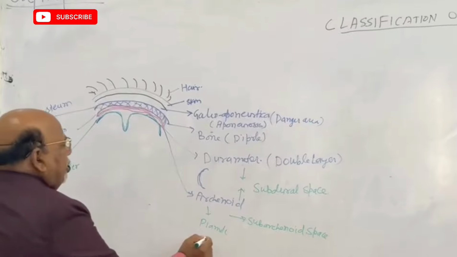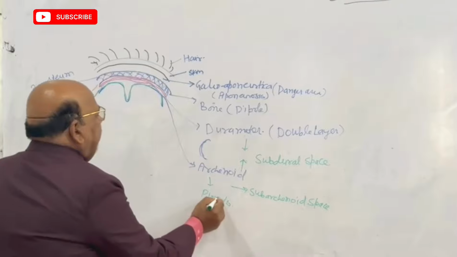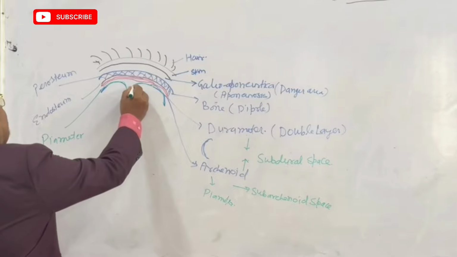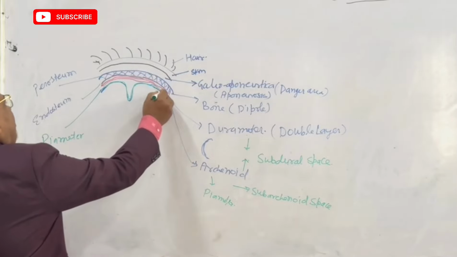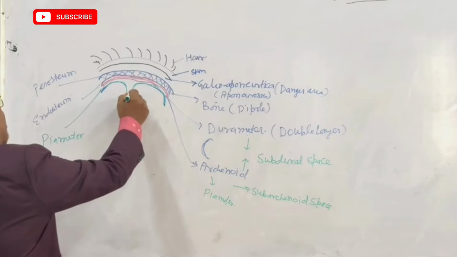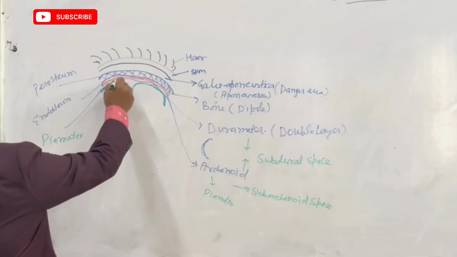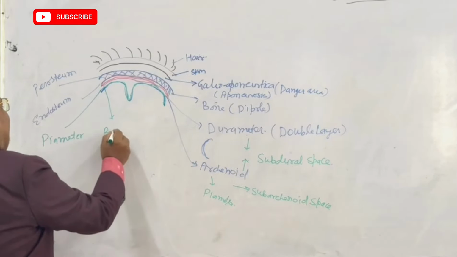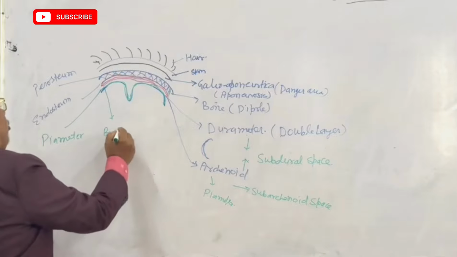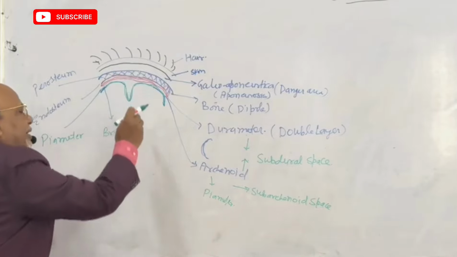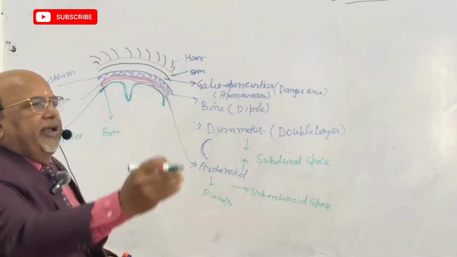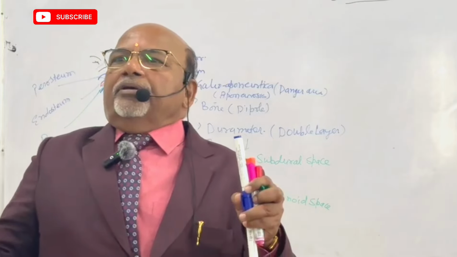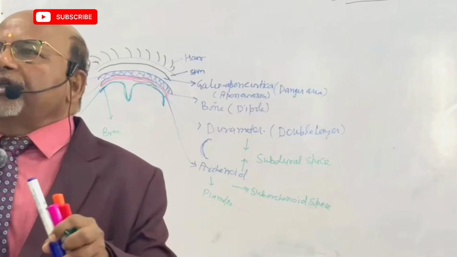The pia directly has vascular fringes and more vascular supply, attached to the structure of the brain. This is the cerebral cortex, directly attached with the sulcus and gyri, because the cerebral hemisphere does not have a smooth surface.